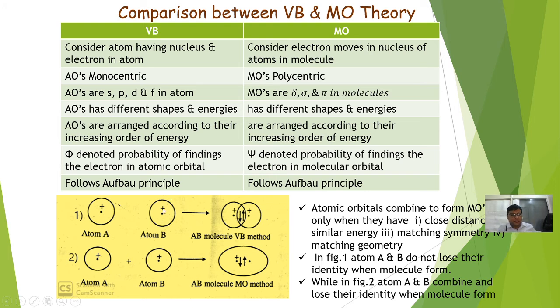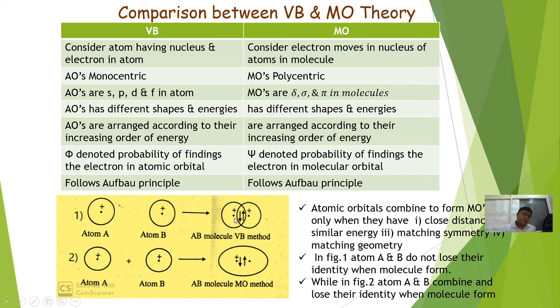Now, let us see this diagram. This diagram tells us the overlapping pattern of atoms according to VB and according to MO. Here atoms A and B combine to form an AB molecule according to valence bond theory.